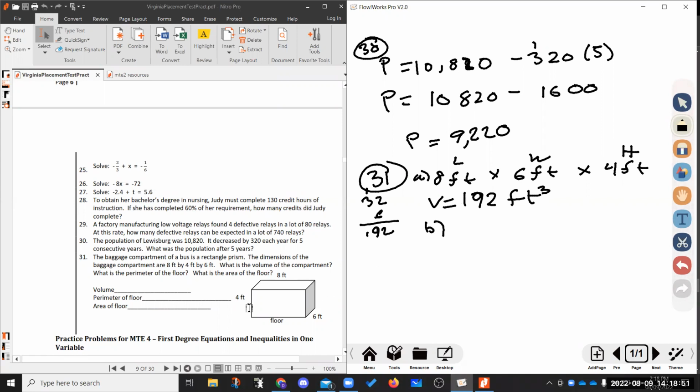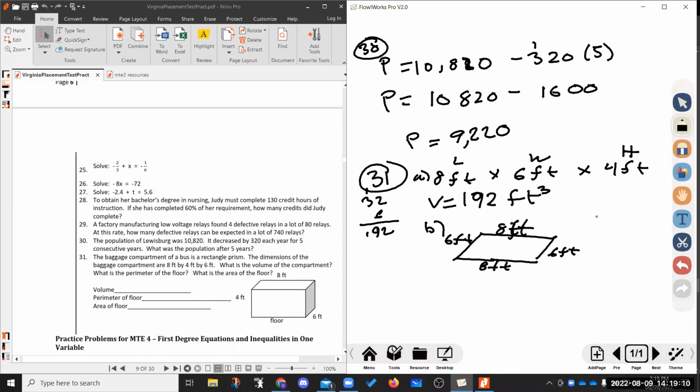Part B asked me for the perimeter of the floor. So the floor down here, as we look at it, is 8 feet by 6 feet.